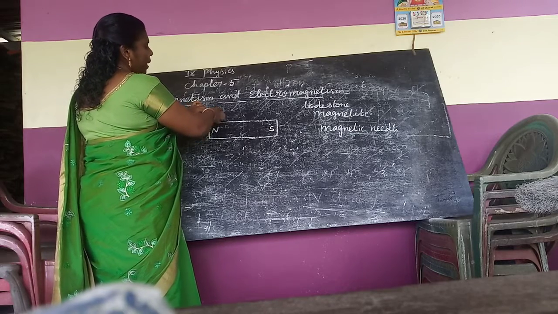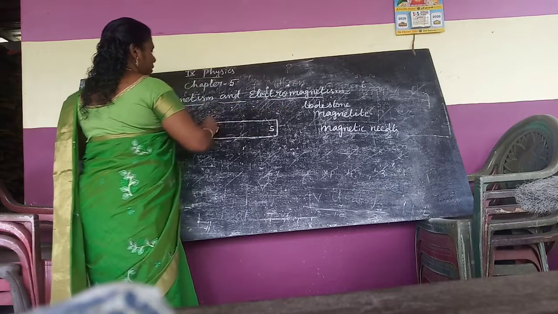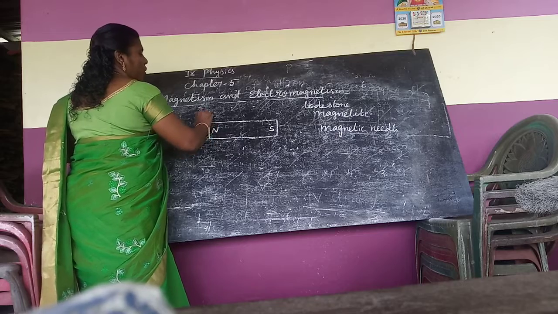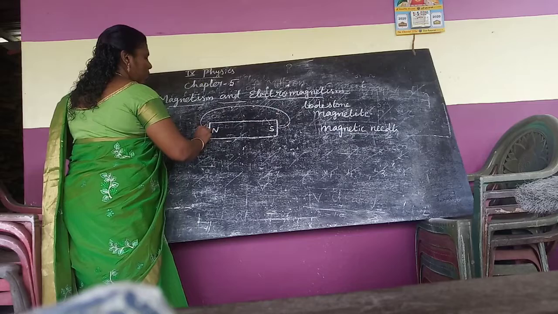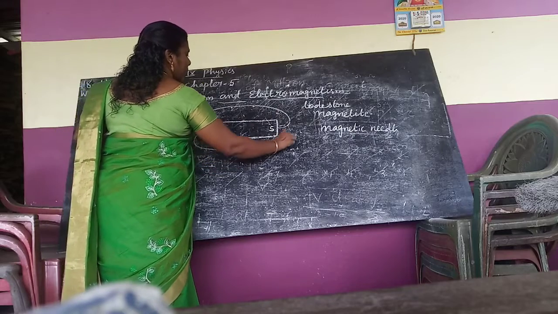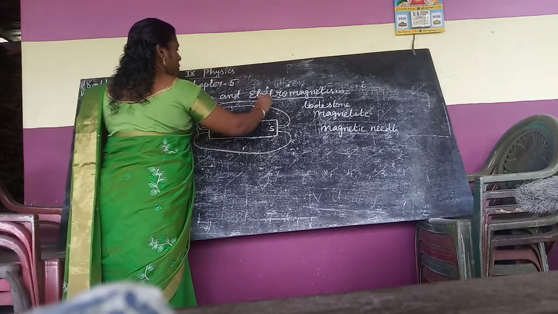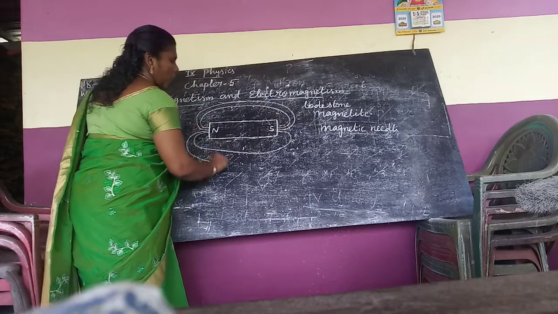Like that here also. The magnetic lines of force always start from the north pole and end at the south pole. The next line also starts at the north pole and ends at the south pole. Here also.